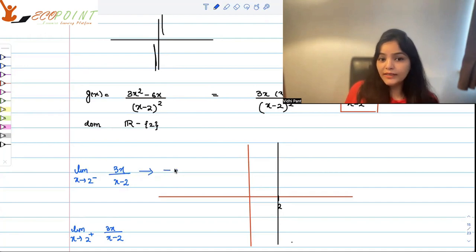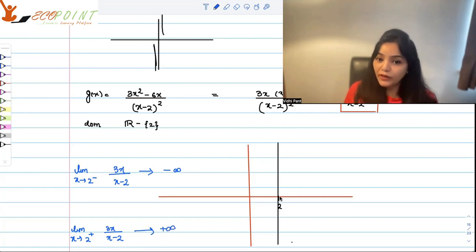So that means this is going to minus infinity. With the same logic, for x tending to 2 plus, your numerator 3x means little more than 2, like 2.0001. So you have positive in your numerator. In your denominator, you have something almost 0 but positive.